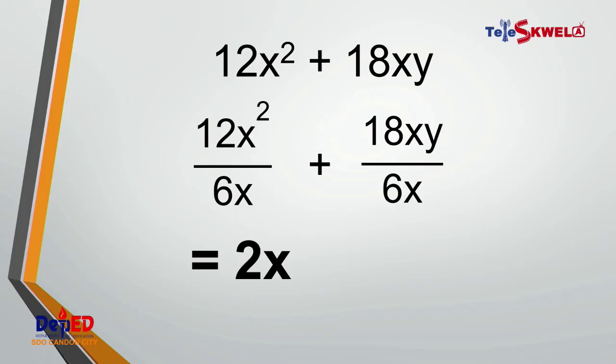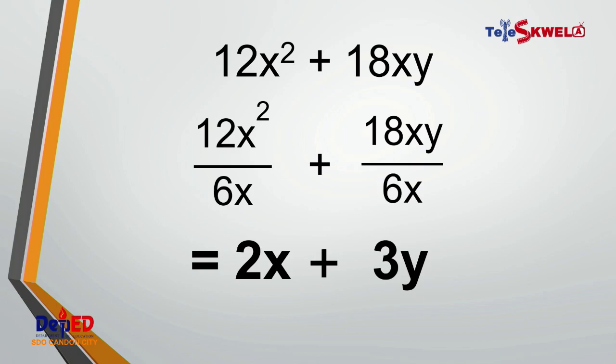Next, we divide 18xy by 6x. 18 divided by 6 is 3. Then since the exponent of x is 1 in both, we have 1 minus 1 is equal to 0. So we cancel x. Then we drop y. Therefore, 18xy divided by 6x is equal to 3y.